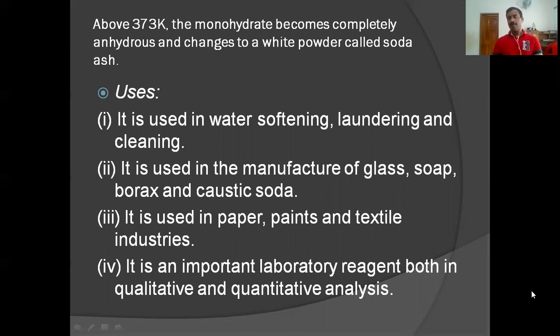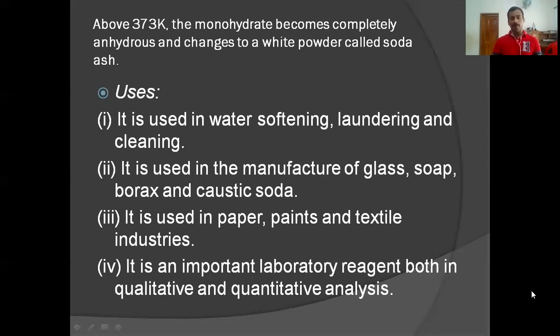Sorry, earlier I mentioned it as dry ash, but it is soda ash. Anhydrous sodium carbonate is known as soda ash, and Na2CO3·10H2O is known as washing soda.